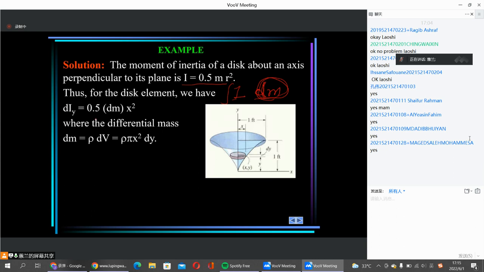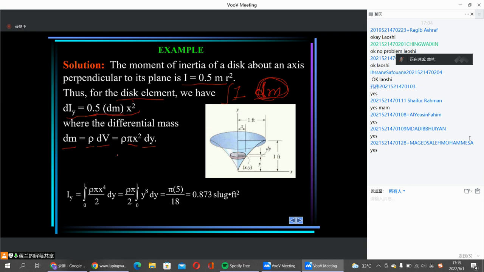So the mass moment of inertia about the y-axis for this disk element is equal to 0.5 x squared dm, and dm is equal to the density times its volume, and its volume is pi x squared, the area of the disk, times dy, the thickness.